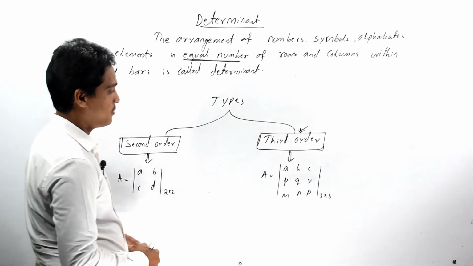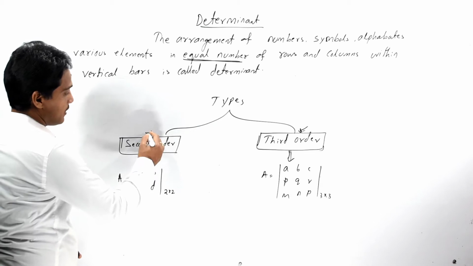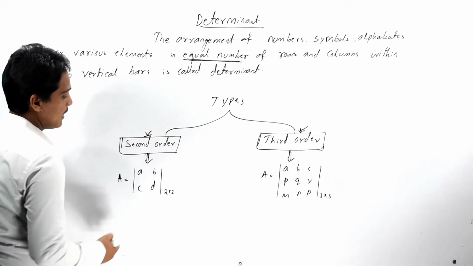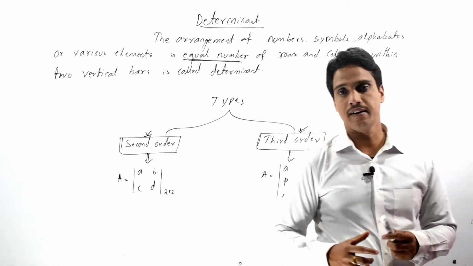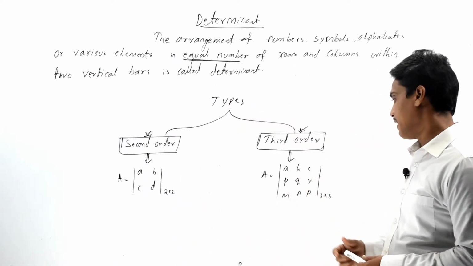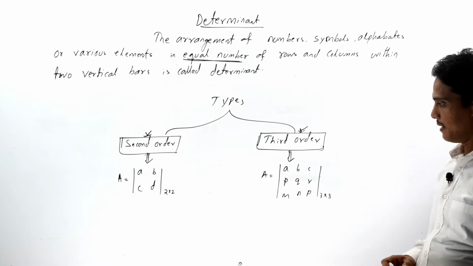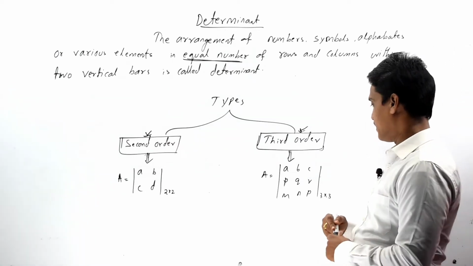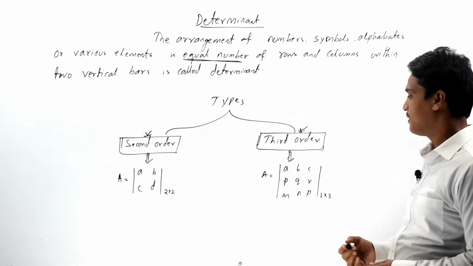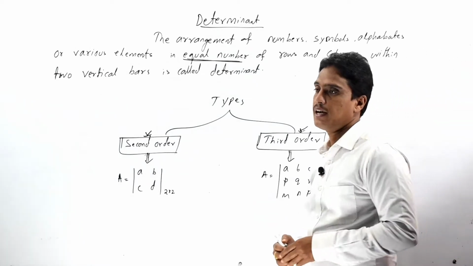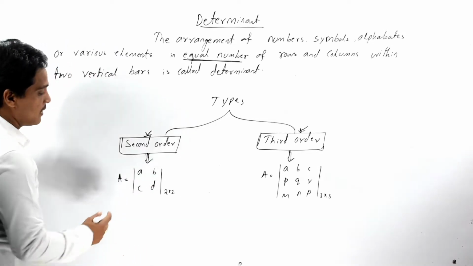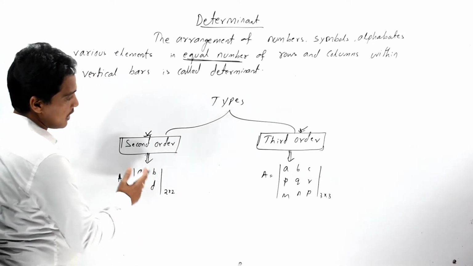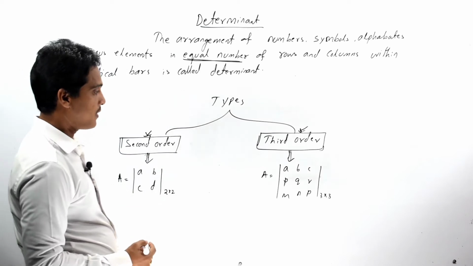So in the case of a second order determinant there are 4 elements, and in the case of a third order determinant there are 9 elements, with 3 rows and 3 columns, whereas in a second order determinant there are 2 rows and 2 columns.